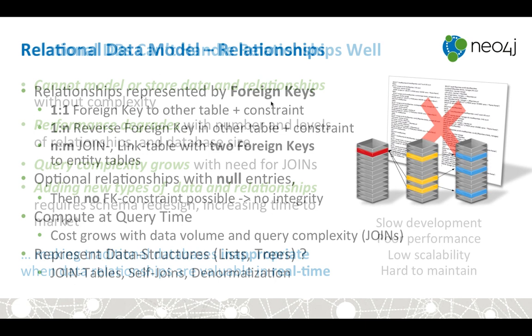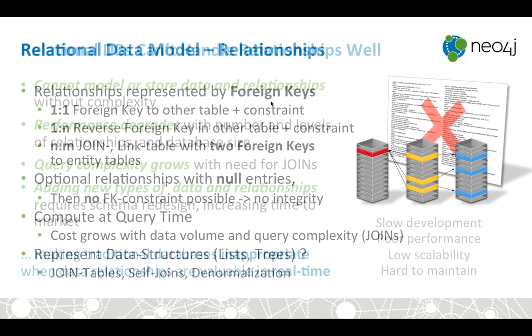Seldomly they have an identity, and sometimes they have some properties. But if you look at typical relational models, you have your entity tables, and then you have a gigantic number of join tables in between, because in real-world data, we actually have many more many-to-many relationships than other types of relationships.